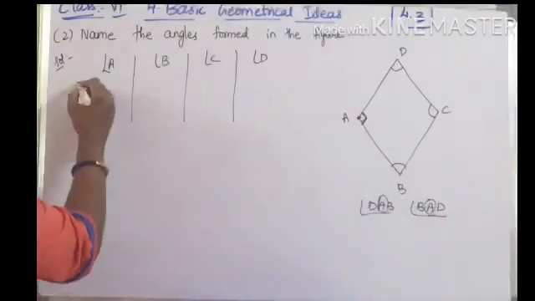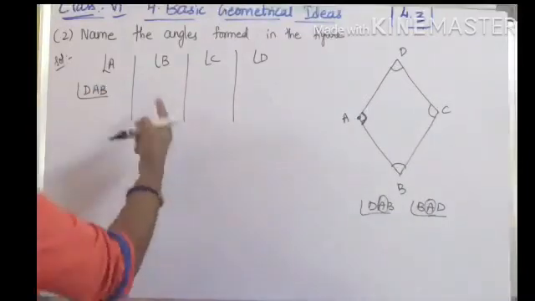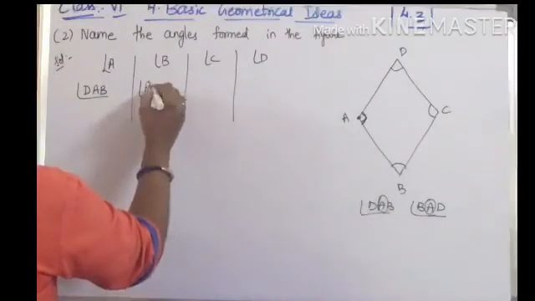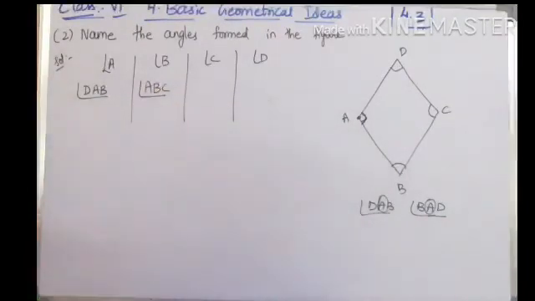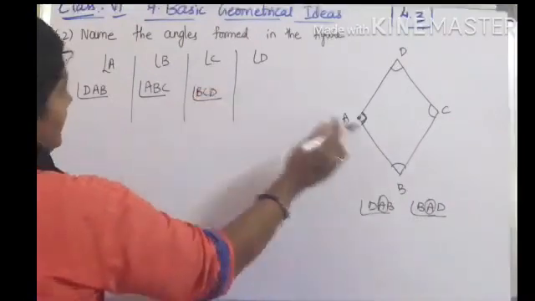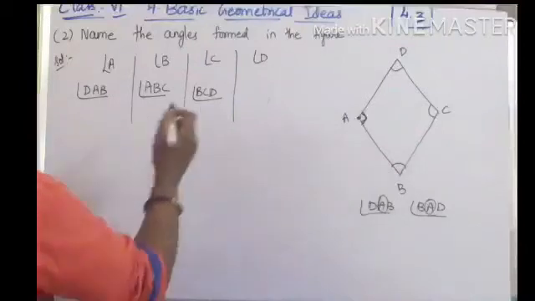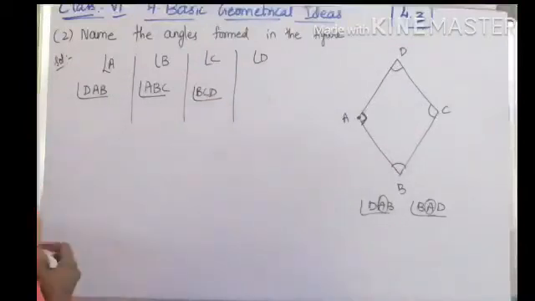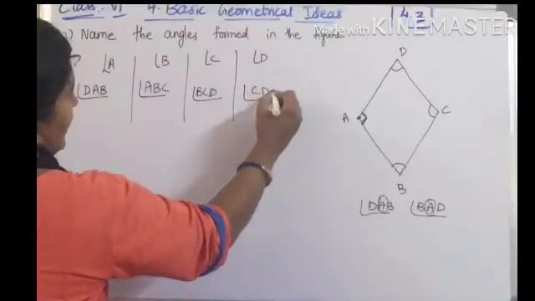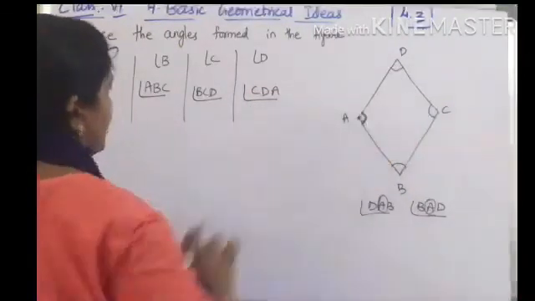So represent A as DAB, and how do you represent B? As ABC, isn't it? Here B is in the middle. Next, you represent C as angle BCD, or you can write DCB also, but C should be in the middle. How do you represent D here? Like CDA. You can represent CDA or ADC.